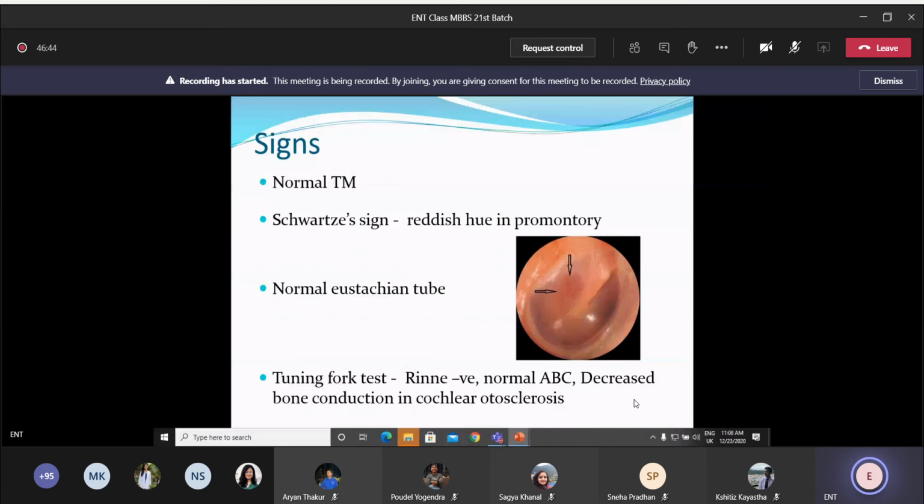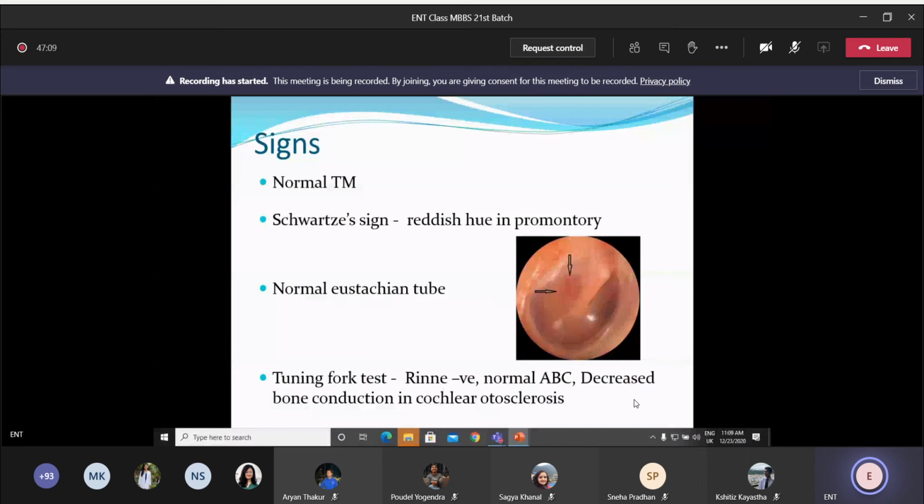When you look into the ear with an otoscope, what do you see? If the patient is in an inactive phase, the tympanic membrane of both ears would look normal. But if you see a patient in an active phase, then you would see the Schwartze sign. This is another MCQ question that you might get. Schwartze sign, what is that?